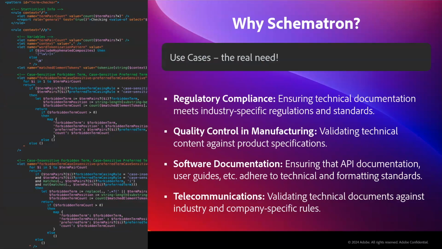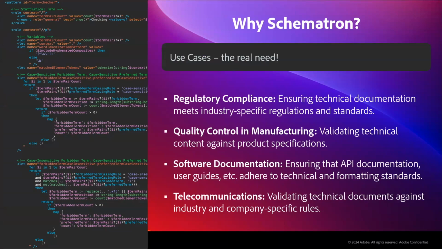Schematron is commonly employed to meet regulatory compliance requirements. It helps ensure that XML data adheres to regulatory standards, data privacy laws, and industry specific regulations. It is highly capable of validating technical content against the desired product specification, which ensures quality control in manufacturing.